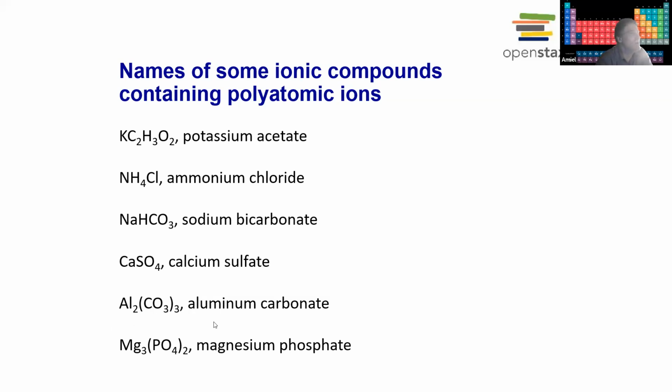So aluminum carbonate has 2 aluminums. It has 3 carbons, because the 3 means 3 of the whole thing, 3 units of carbonate. So there are 3 carbon atoms, and there are 9 oxygen atoms in aluminum carbonate. And then magnesium phosphate.